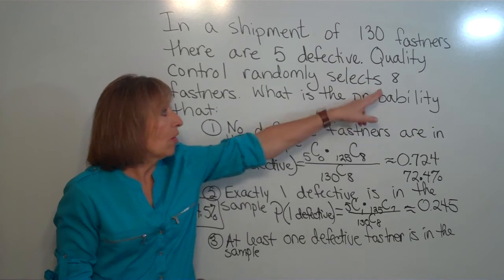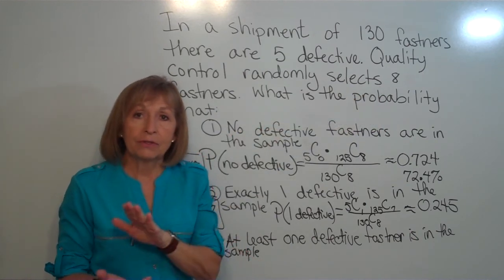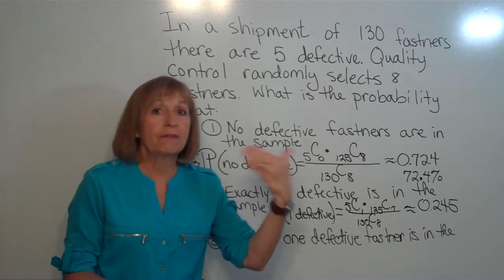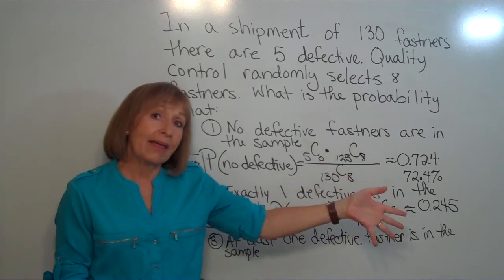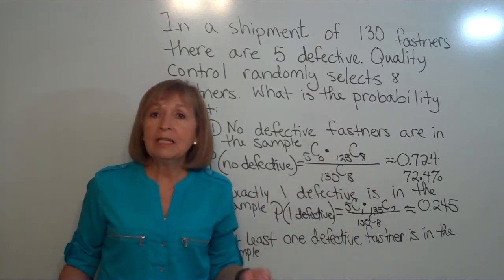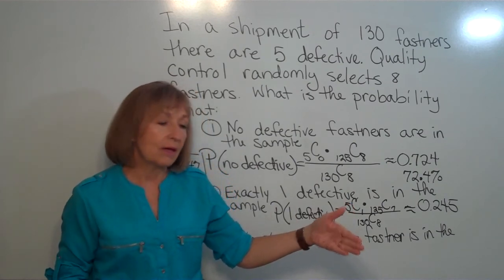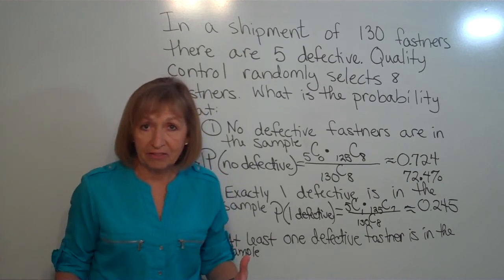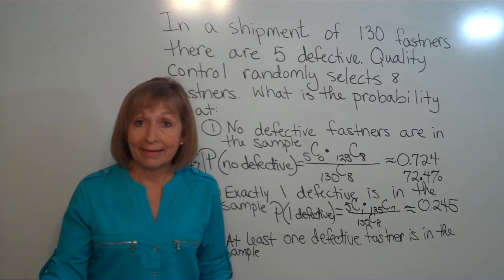And I have to do this all the way up to the probability that all 8 are defective. If it's 1 defective, or 2, or 3, I would add those probabilities together. But the only situation that makes this not true is if none are defective. So at least 1's complement is none.